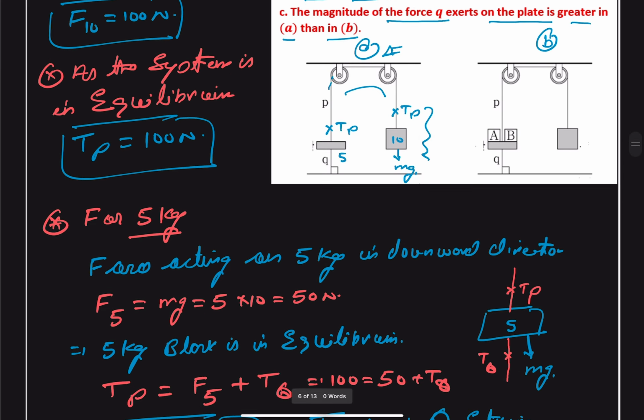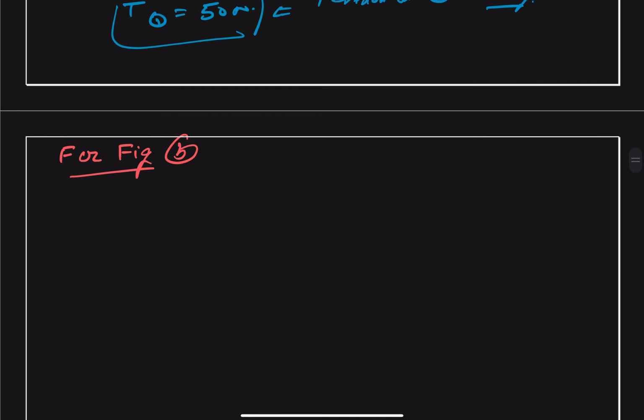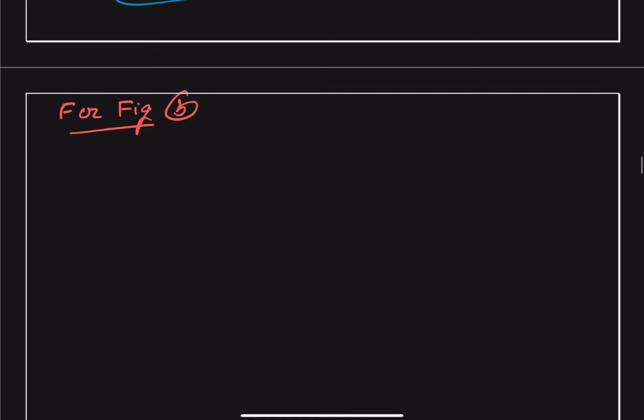So once again we assume that the tension here is Tp, and obviously on the other side we also have Tp. In the downward direction we have a force of mg. So for the 10 kg mass there is no change.